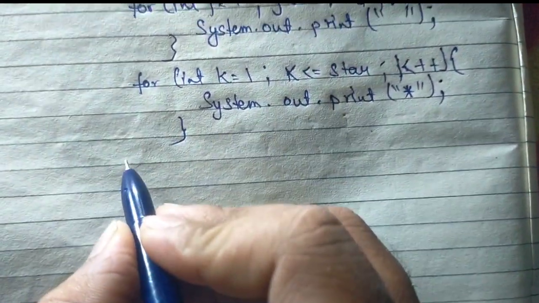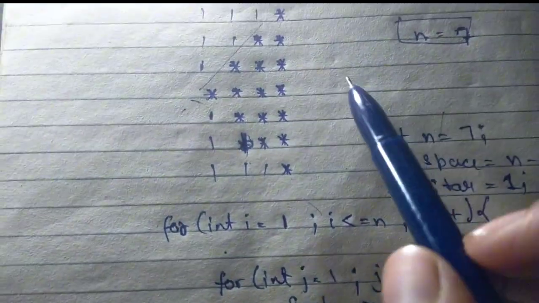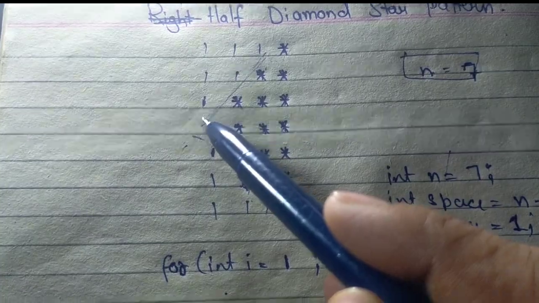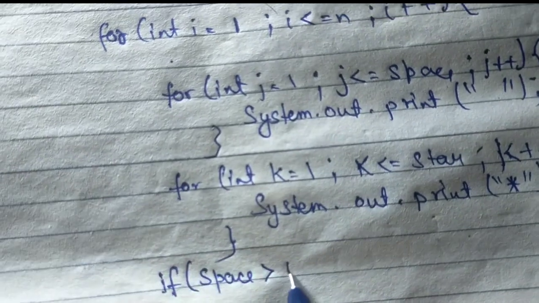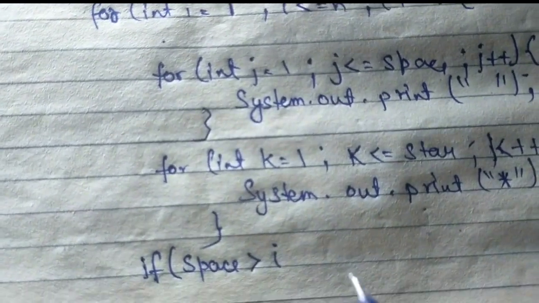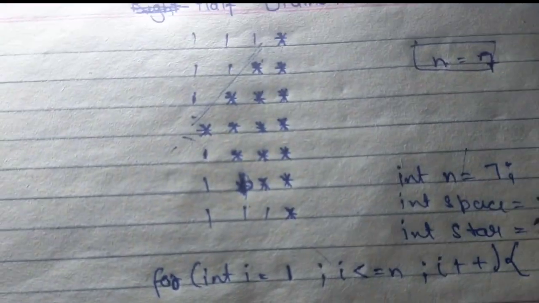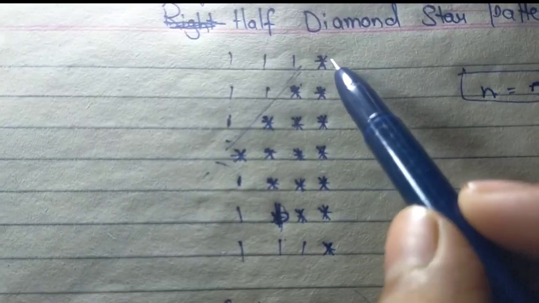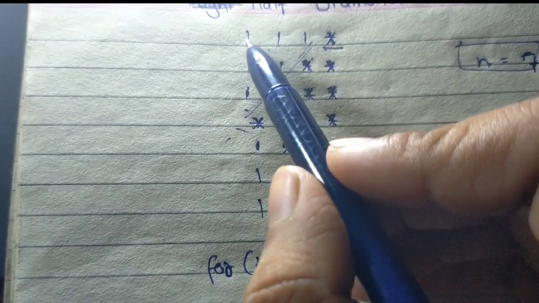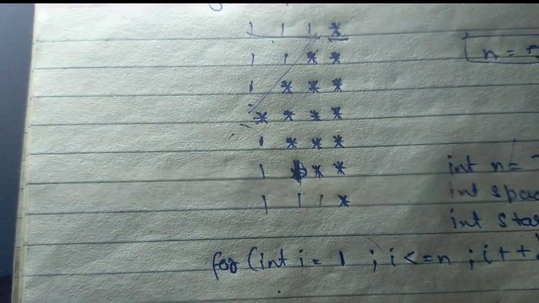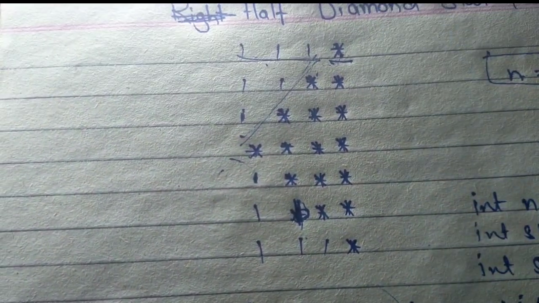Now our main code will run. Starting from there, I will apply an if condition. First of all, it will be in decreasing order. If space is greater than i. What do I mean by space is greater than i? In the first iteration, the i value is 1 and the space value is 3, so space is greater than i. If space is greater than i, what do we want to do?